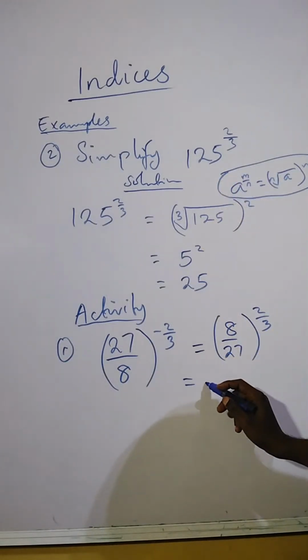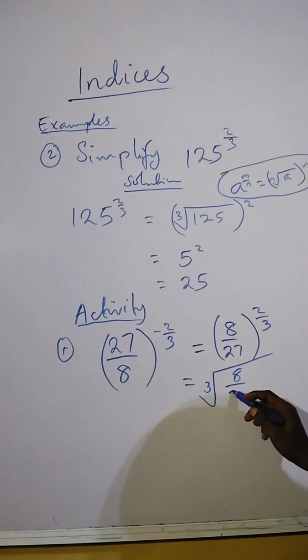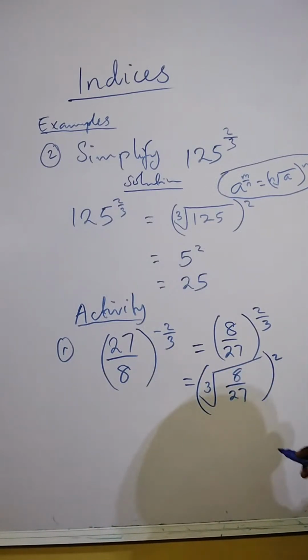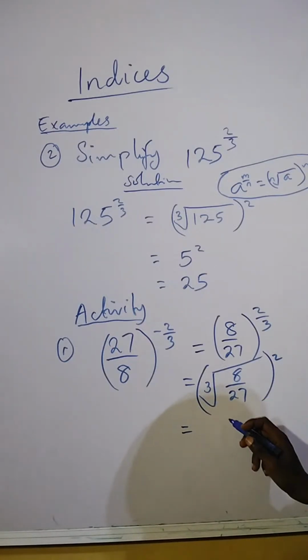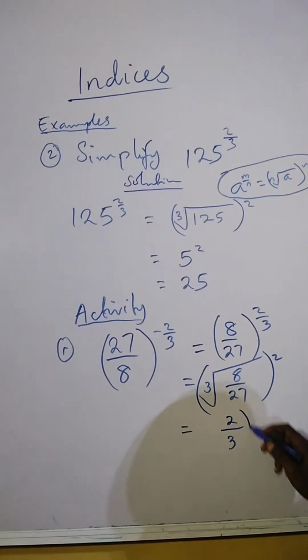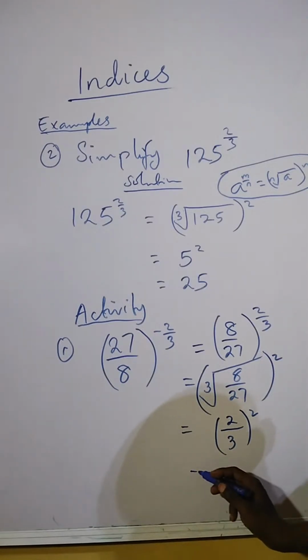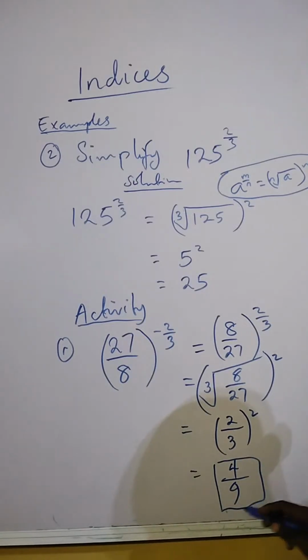You can say this is the cube root of 8 over 27, which is raised to power 2. And what this means: cube root of 8, that's 2, over cube root of 27, that's 3, then all raised to power 2. And this power of 2 affects 2 and 3. So 2 squared is 4, and 3 squared is 9. This is the final answer. So we have already simplified the particular problem.